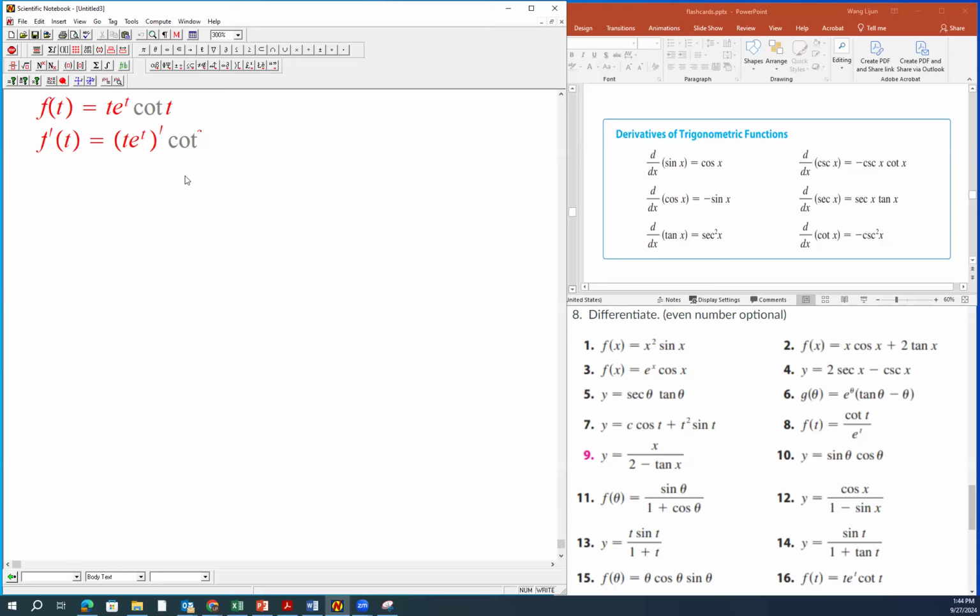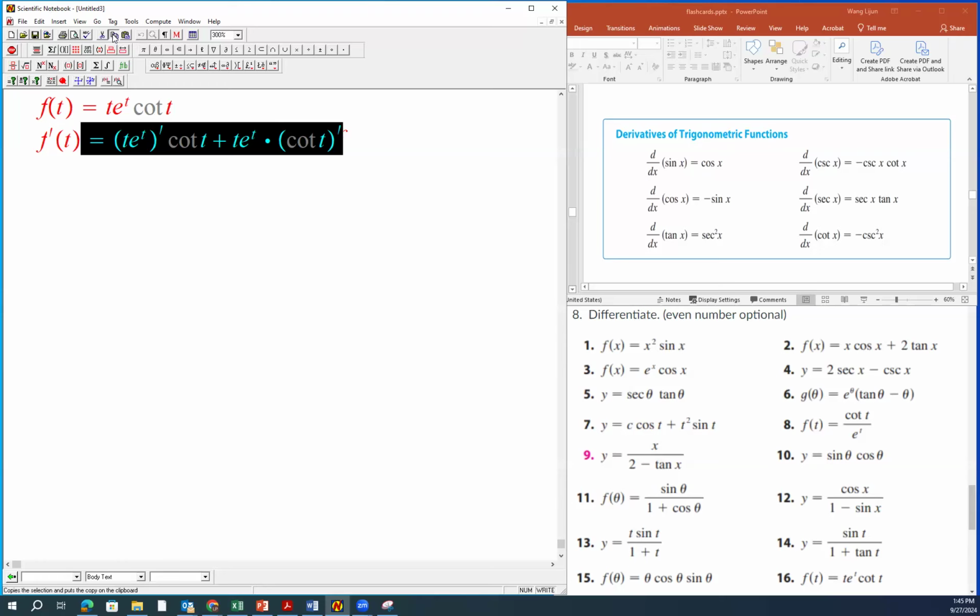Cotangent t plus, we don't change anything about the first parentheses, and we just differentiate cotangent t. What is the derivative of cotangent t? We have the formula right here, right? It's negative cosecant. So this is our first round, okay?